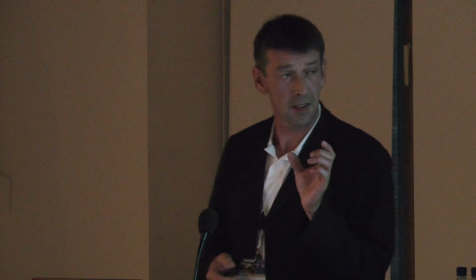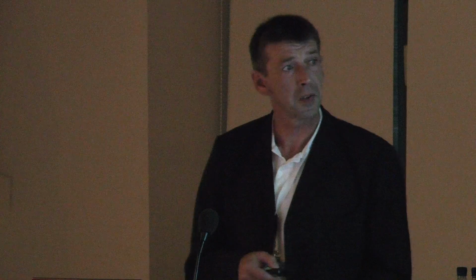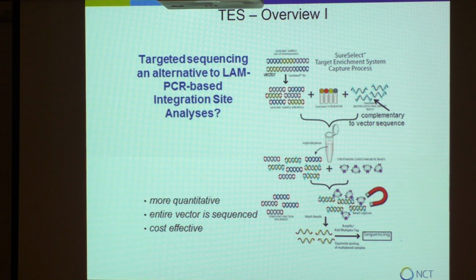So the idea is simply you take your DNA of interest, the genomic DNA of interest, you shear the DNA, you add the sequencing-specific adapters, and then you add complementary probes to the vector sequences so that you really extract the vector-specific sequences, and then you can directly sequence them.